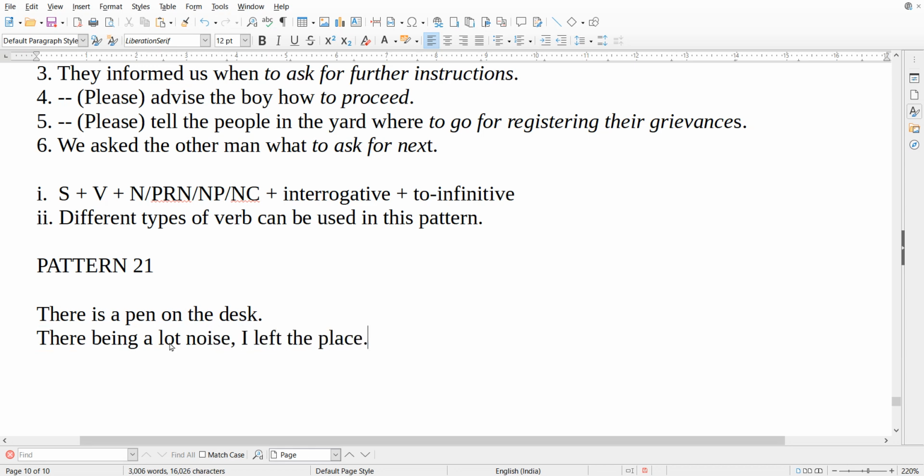That's possible, but it's a participle phrase, which is different. That's why I'm trying to exclude it from here, but since it's also possible, I'll include it anyway.